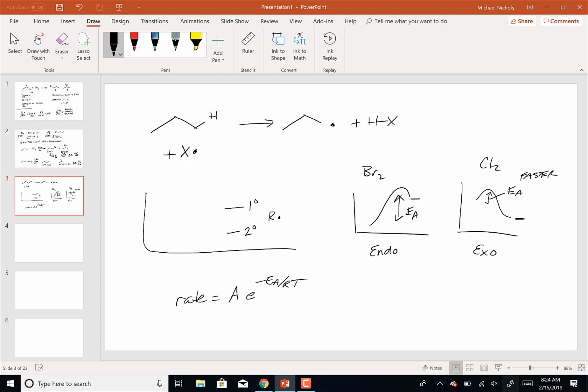So if those molecules are facing a higher activation energy, they are going to form the intermediate slower. If it's an exothermic reaction, they're going to form the intermediate faster. Is everybody with me so far?